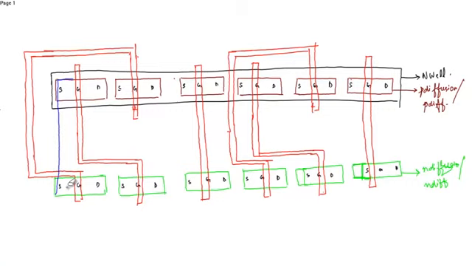So we'll just redraw this again. Okay, this source and this source connected. Similarly, this drain and this drain connected.